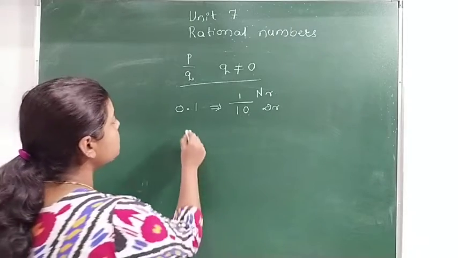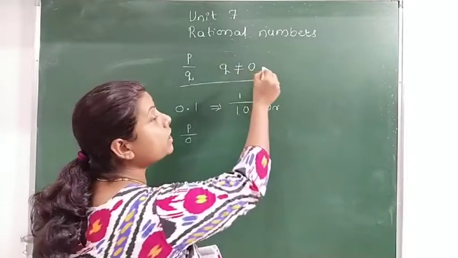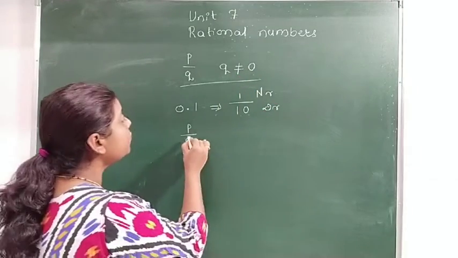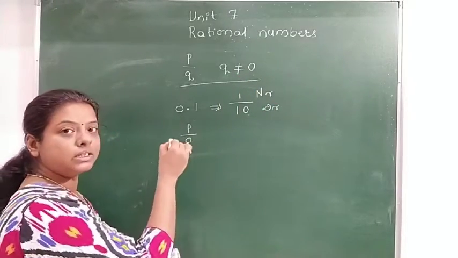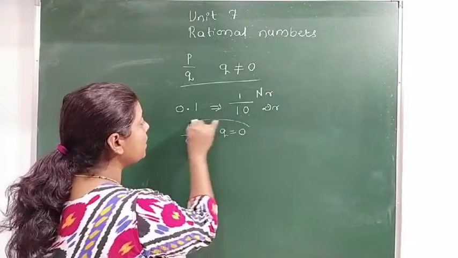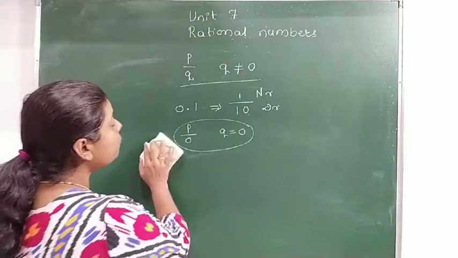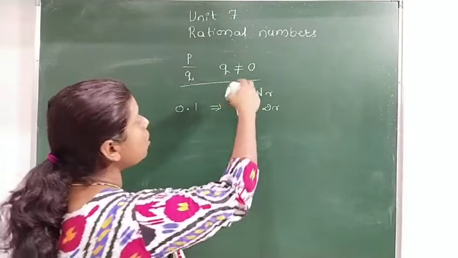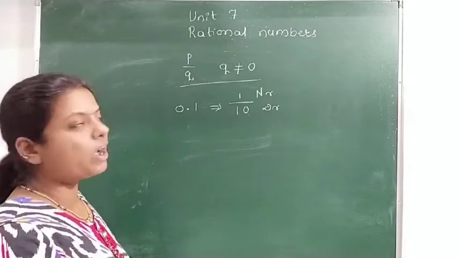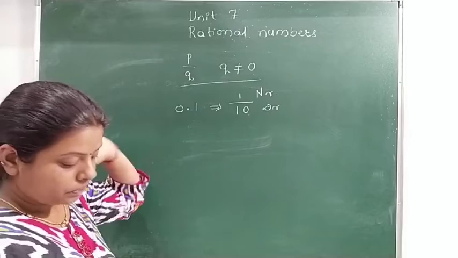Now P is divided by 0. As I told, Q will never be 0. If P is divided by 0, meaning Q becomes 0, that value does not exist. That's why if the condition Q is not equal to 0 is satisfied, then the number becomes a rational number.